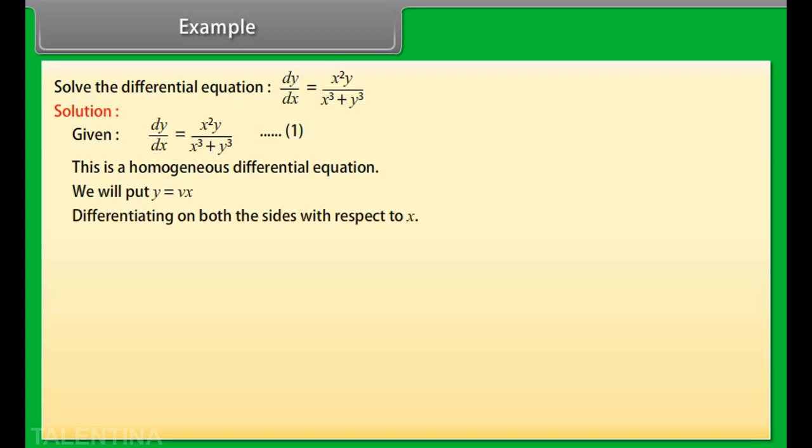Differentiating on both the sides with respect to x, dy by dx equals x into dv by dx plus v.